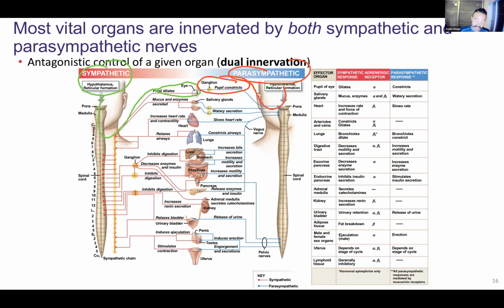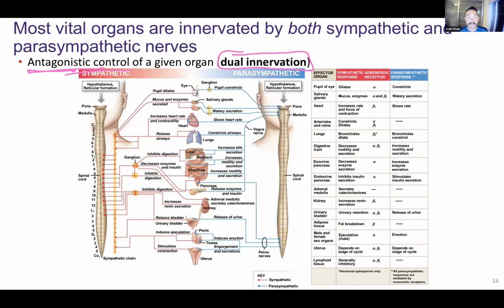Or one increases heart rate, one decreases heart rate. They can target the same organ. The term for this, when they target the same organ, is called dual innervation. Two things are innervating the same thing. There's dual innervation, and because they do opposite things, we can call that antagonistic control.